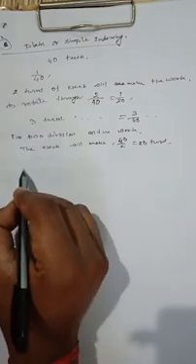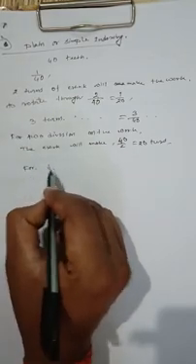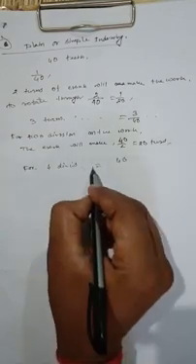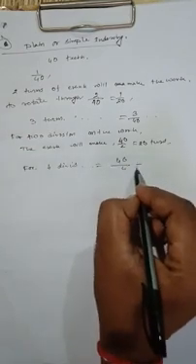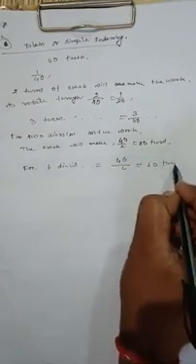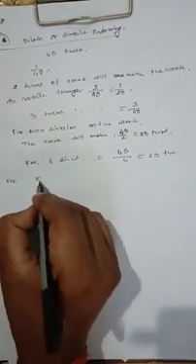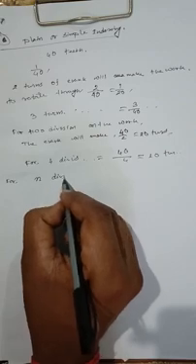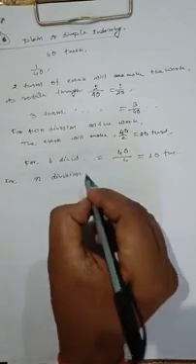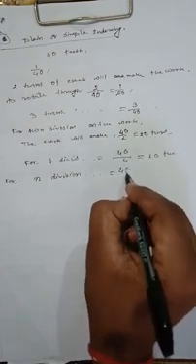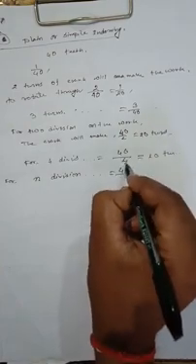For 4 divisions, 40 by 4 is equal to 10 turns. Similarly, for n divisions on the work, the crank will make 40 by n turns.